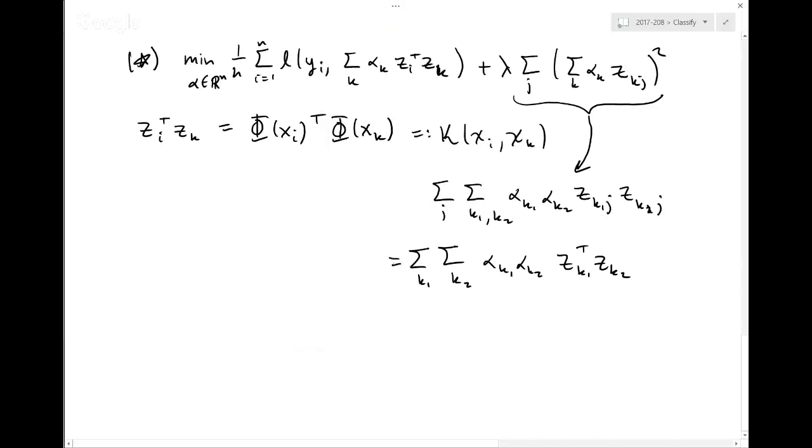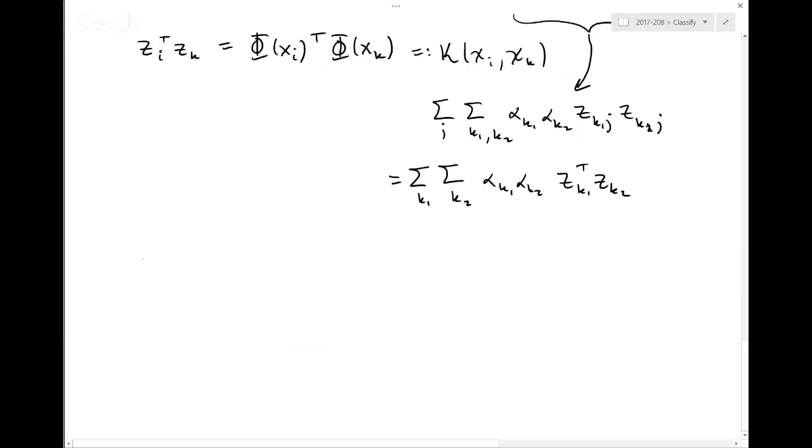This is equal to that. You can write a lot of this stuff in matrix notation, but I kept it as sums to be a bit more clear what's going on. Okay, so I'll just finish this up.